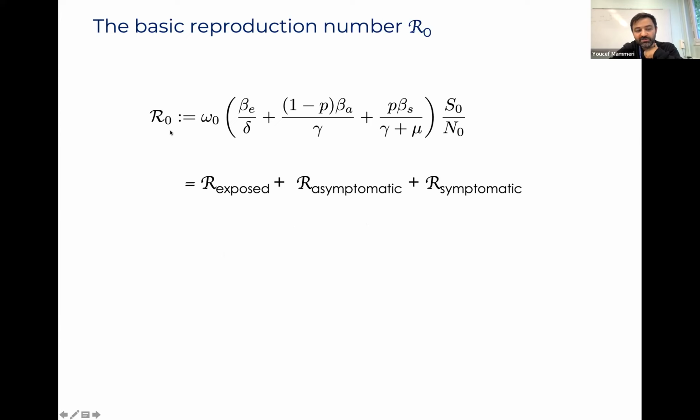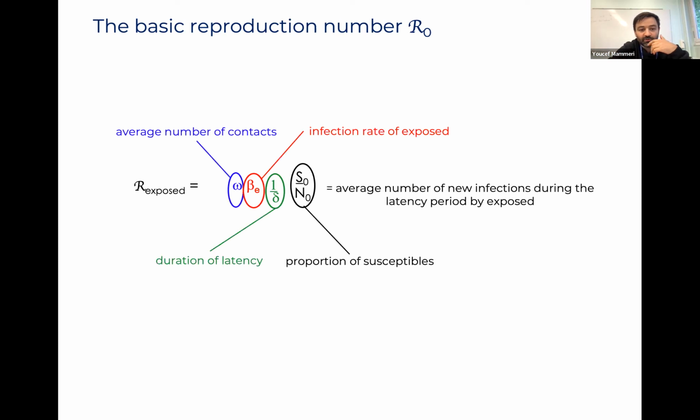What is interesting, okay, is that you can also have a basic reproduction number that you can split in three parts: the basic reproduction number due to the exposed individual, the symptomatic and the asymptomatic. So here I do exactly the same as before. What is the R naught of exposed?